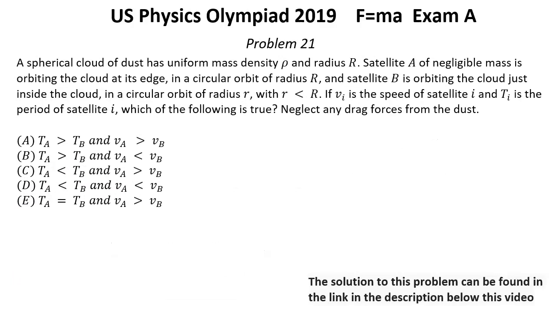Problem number 21. A spherical cloud of dust has a uniform mass density rho and radius R. Satellite A of negligible mass is orbiting the cloud at its edge in a circular orbit of radius R, and satellite B is orbiting just inside the cloud in a circular orbit of radius r, where r is less than R. If Vi is the speed of satellite i and Ti is the period of satellite i, which of the following is true?